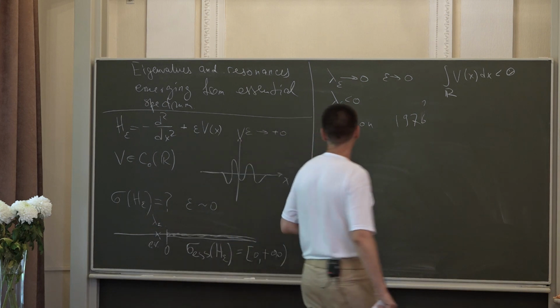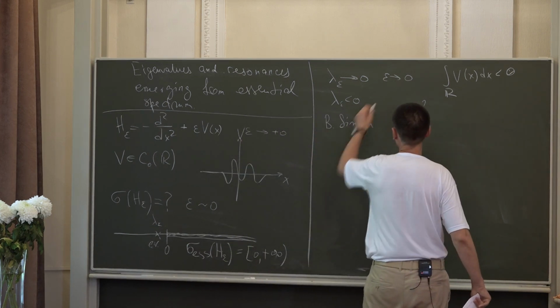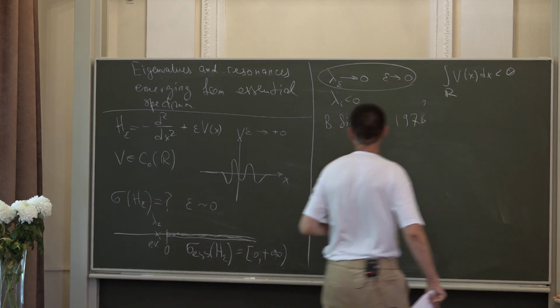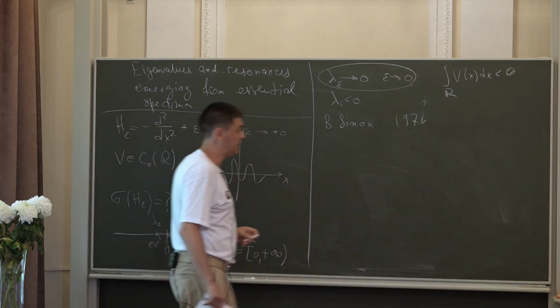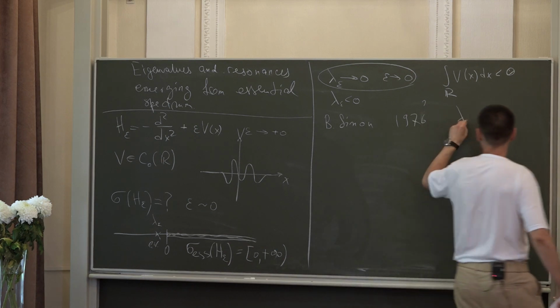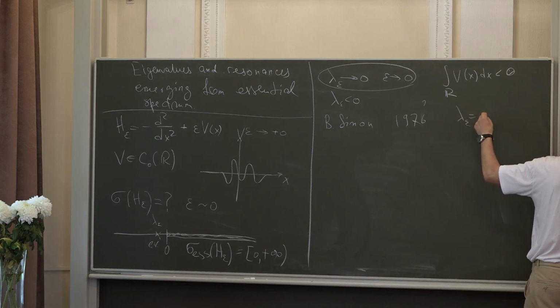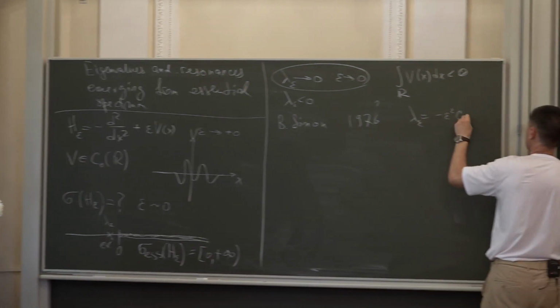The result of Simon was that he proved that there exists an eigenvalue below this spectrum, and he calculated, as far as I remember, its asymptotics, which was like that, with some constant.